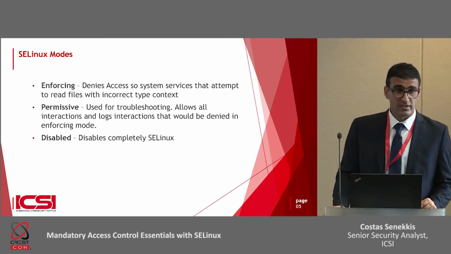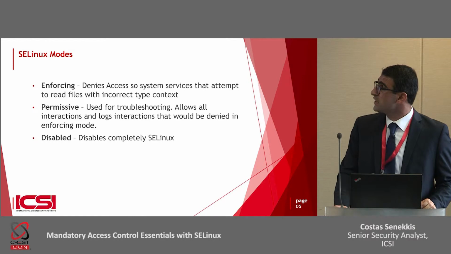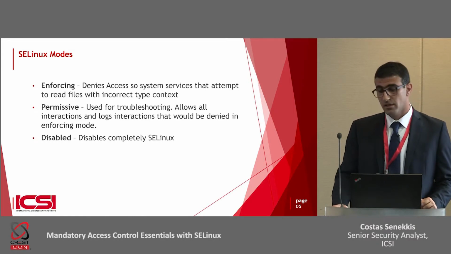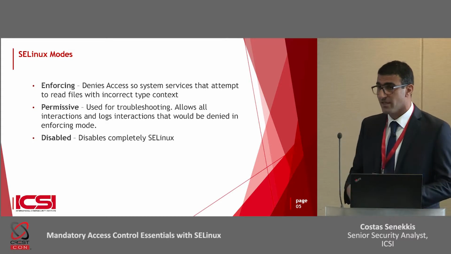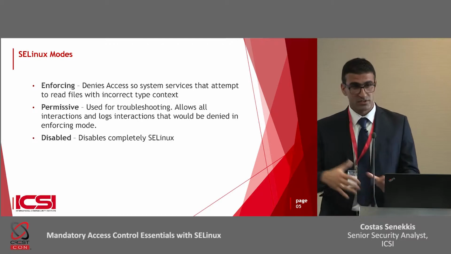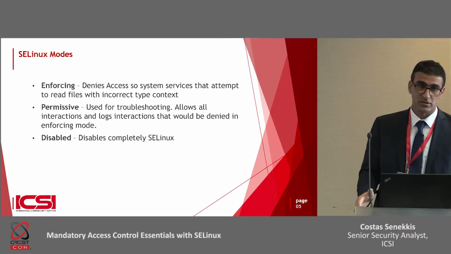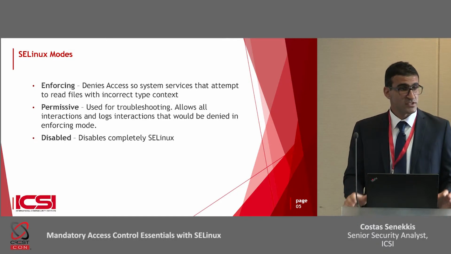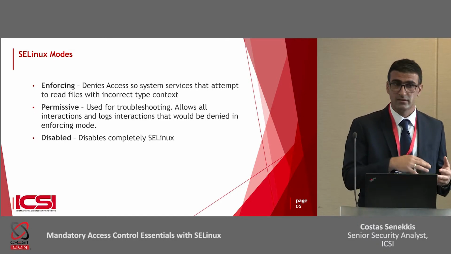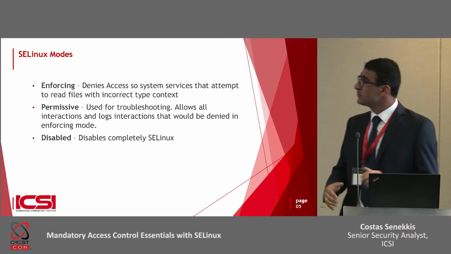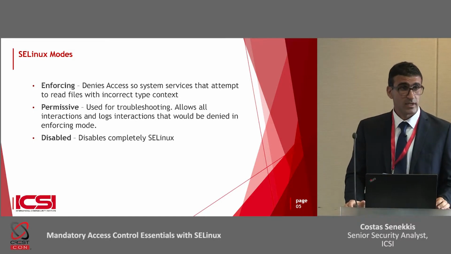The enforcing mode is the default one, which denies access to system services if they attempt to read any file that has a different type context. We will see in a few minutes the type context, which is SELinux labels. So it denies access for a system service to a file, a directory, a port, or a remote file system.